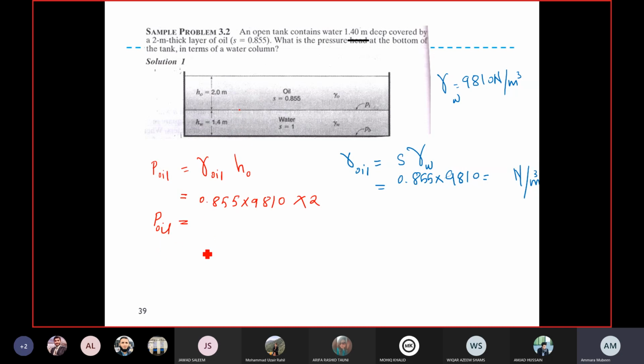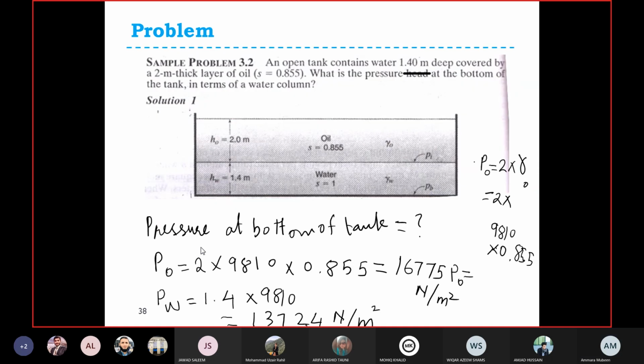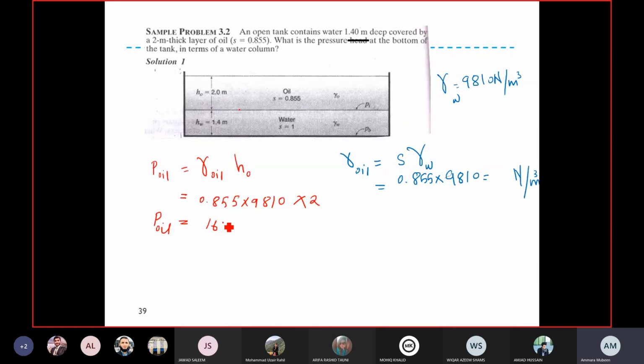Okay, so pressure of oil will be 16775 Newton per meter square.